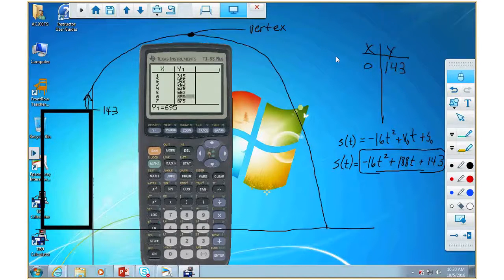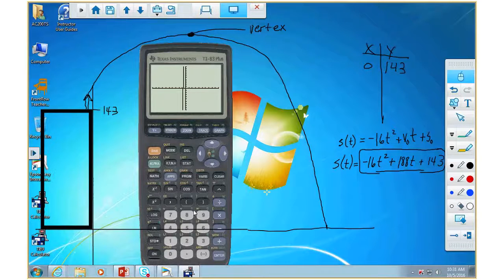Okay, so we got to find that point. You can do that by hitting second, trace, and what are we looking for? The maximum, which is the vertex. And you hit zoom 6, maybe zoom 6 will do it better. Nope.